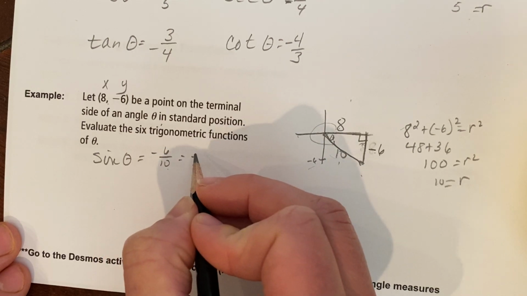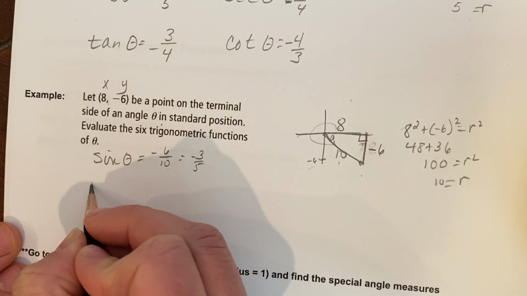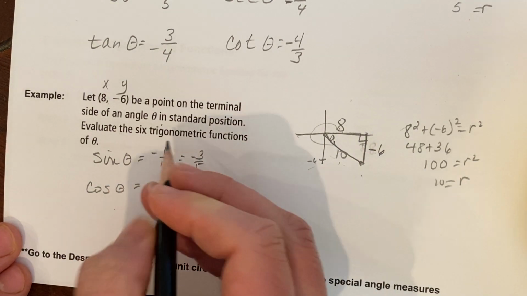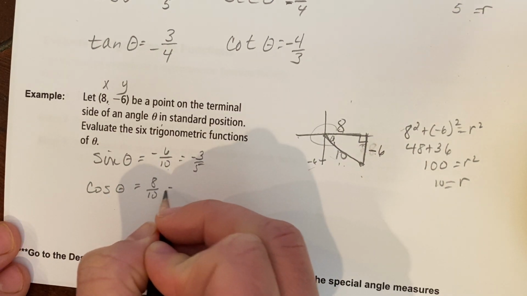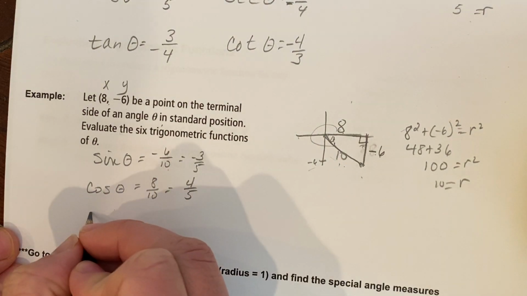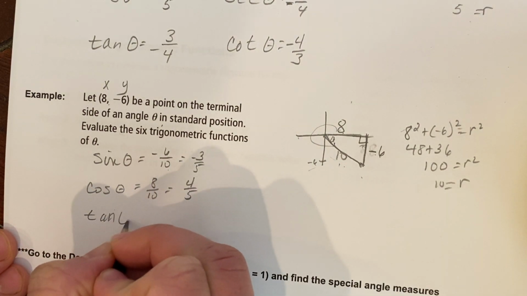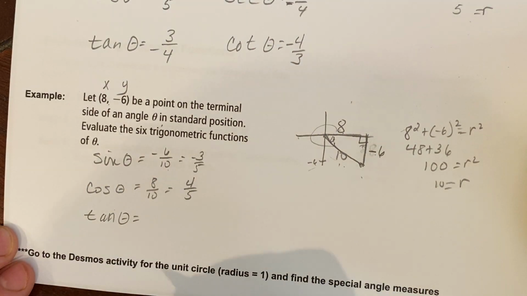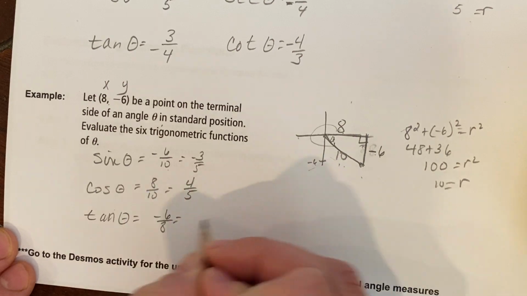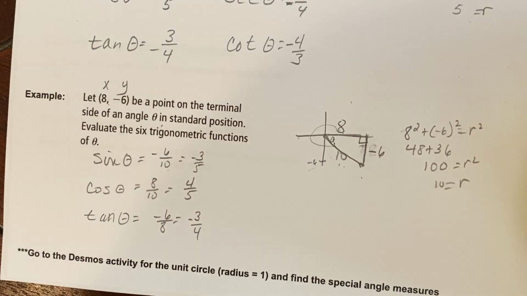Take a 2 out of each one, negative 3/5. Cosine theta, so our adjacent over hypotenuse, so 4/5 when we reduce that. And then lastly, our tangent. Okay, so tangent opposite over adjacent, so we're going to have negative 6 over 8, reduce that. Okay, there's your first three.